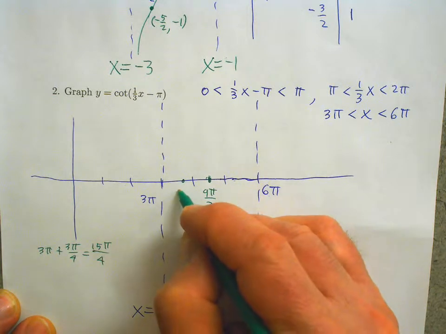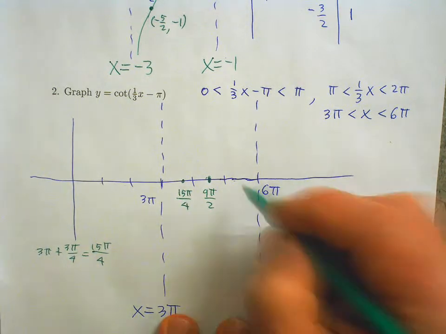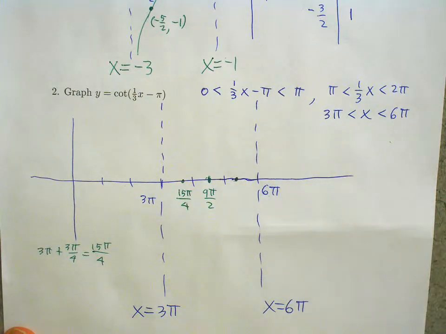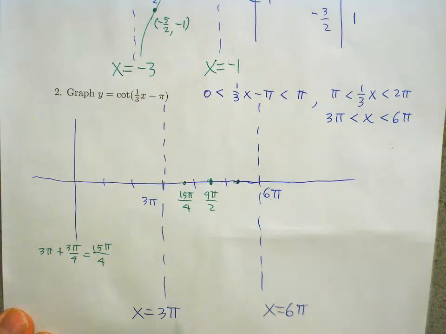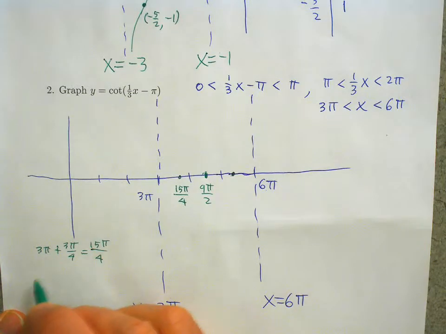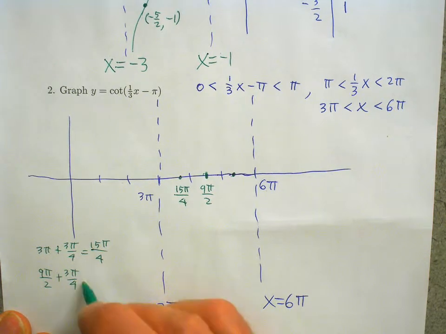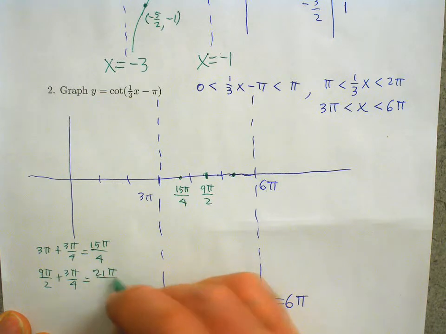Kind of awkward, but... And then this part will be 9 pi over 2 plus 3 pi over 4, which is 21 pi over 4.